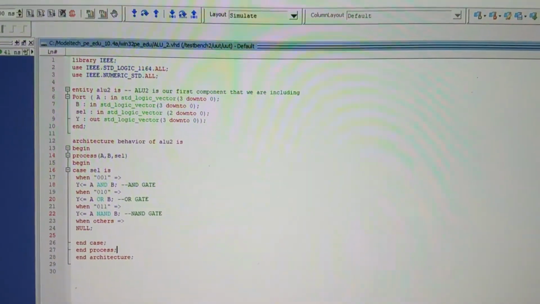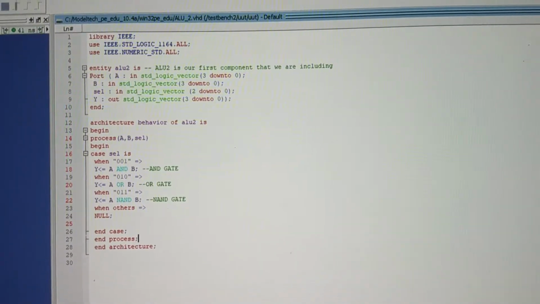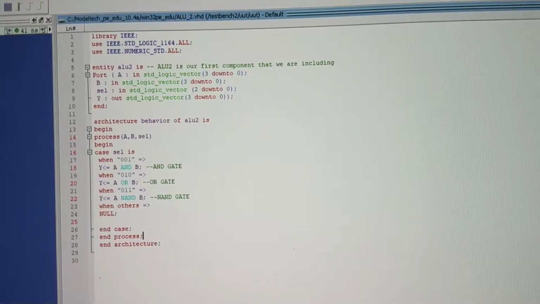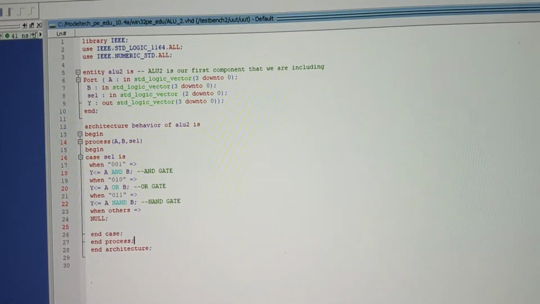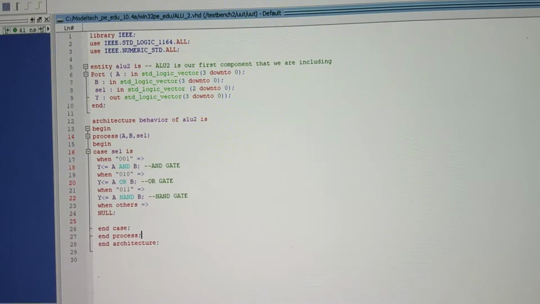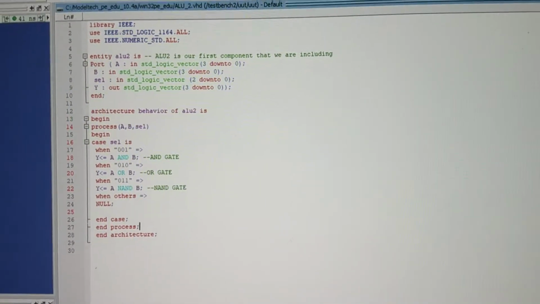Okay, so we're starting with our up top libraries, moving into our entity. When we have our port, we have a 4-bit port for A and B, 3-bit selector, and a 4-bit Y output.